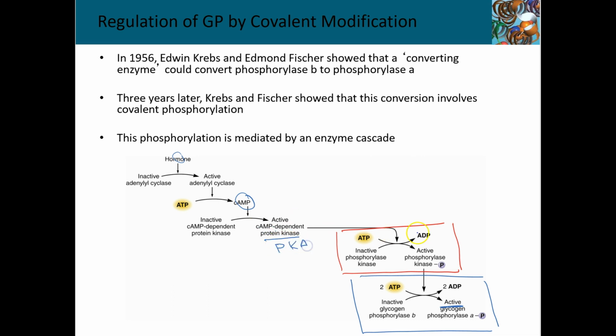The PKA then causes a phosphorylation event on the phosphorylase kinase, and this allows for the activation or phosphorylation of our glycogen phosphorylase. So like I said, there's a series of reactions that take place that amplify quickly.